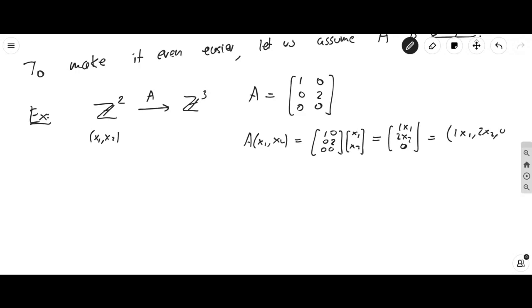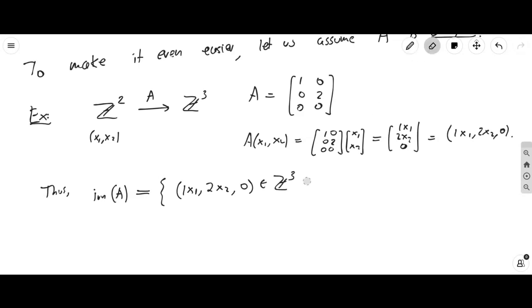Thus the image of A will consist of the set of vectors (1x1, 2x2, 0). This is of course contained in Z3, because that's where it's being mapped to, with the condition that x1 and x2 are arbitrary integers, because this is, after all, an arbitrary vector in Z2.